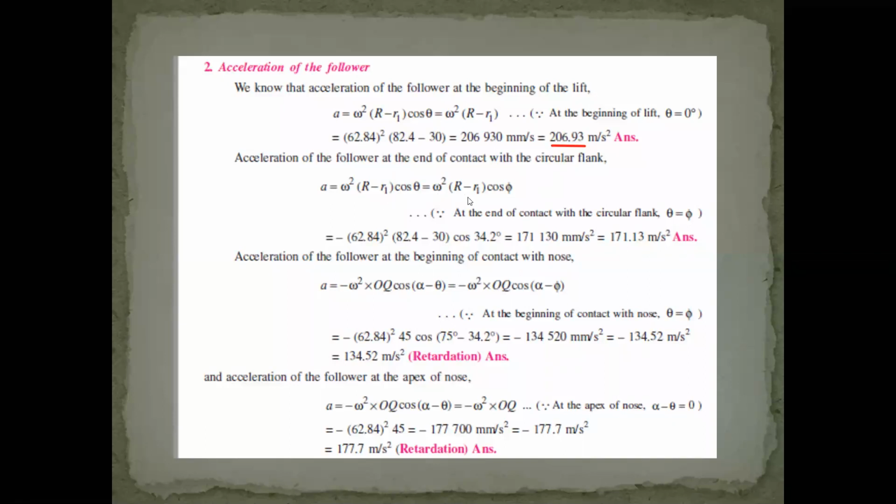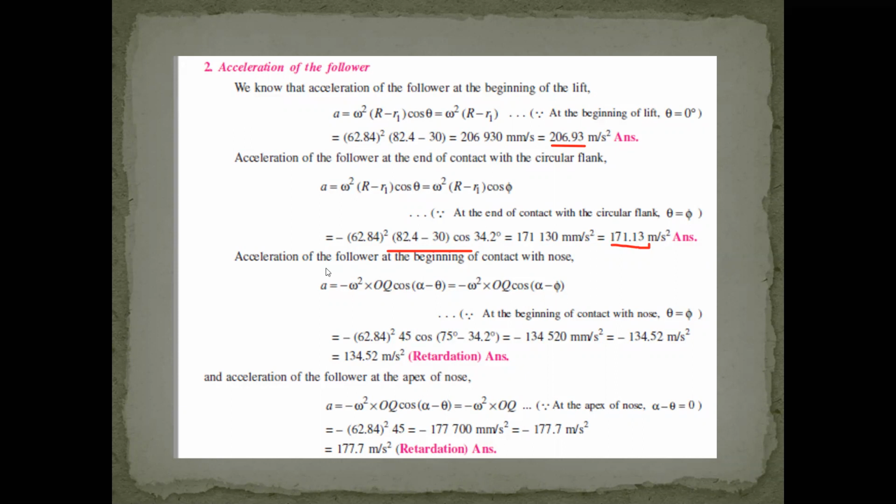So the formula is omega square into (capital R minus small r1) into cos phi, and the phi value is already there, 34.2. Substituting the values, the value arrived here is 171.13, that is the acceleration at the end of the contact.